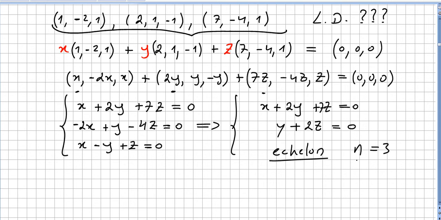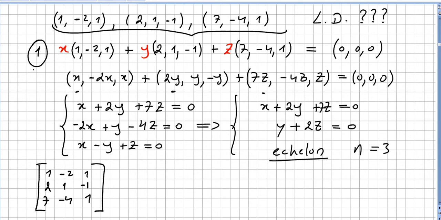Now another way. Let me call this method 1 and let me call this method 2. Well, the second method is really easy, right? You just form the matrix whose rows are the given vectors, and you reduce to echelon form.